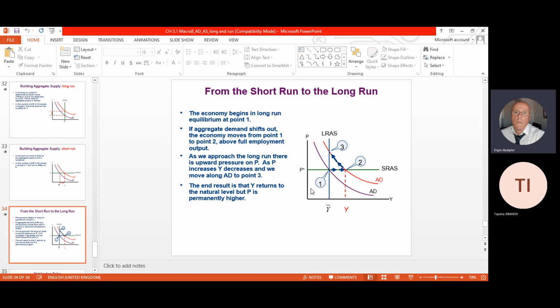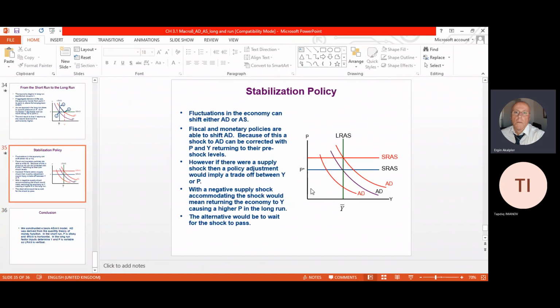On stabilization policy: fluctuations in the economy can shift either aggregate demand or aggregate supply. Fiscal and monetary policies are able to shift aggregate demand. Because of this, a shock to aggregate demand can be corrected, with P and Y returning to the pre-shock levels.